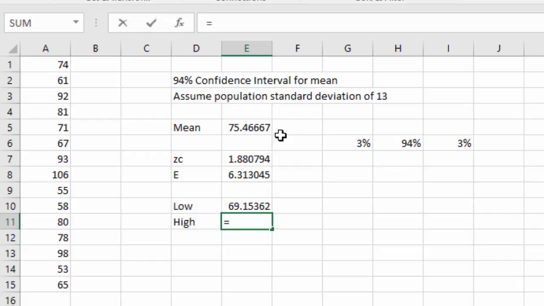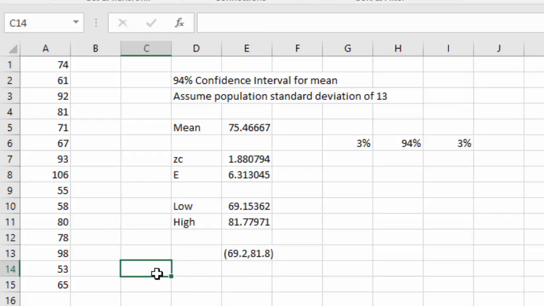Similarly, we will hit equals, select the mean, plus the error, and we get the high value for our confidence interval. So really, we have a confidence interval of 69.2 to 81.8. We're 94% confident that the actual mean falls between these two values based on our sample of 15.